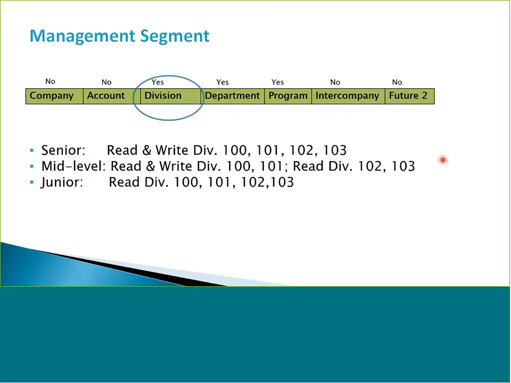And then that responsibility is assigned to a user who is a mid-level accountant. And the process goes on for the junior level accountant. So what we would have in this case is 3 data access sets and 3 responsibilities, and then assigned to 3 users.